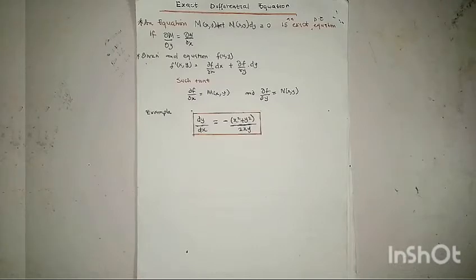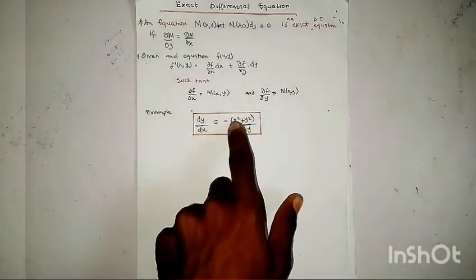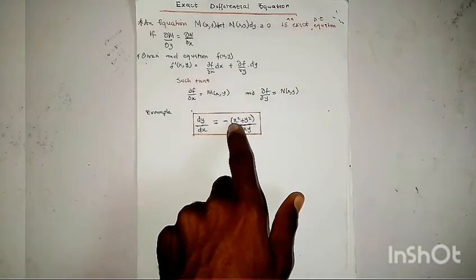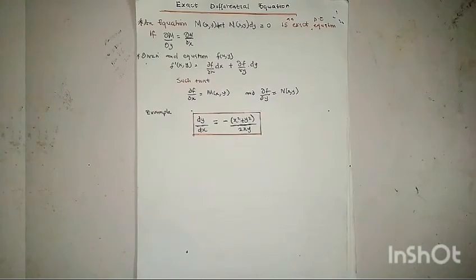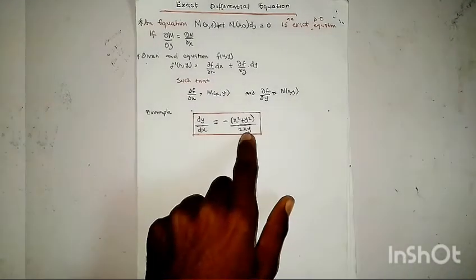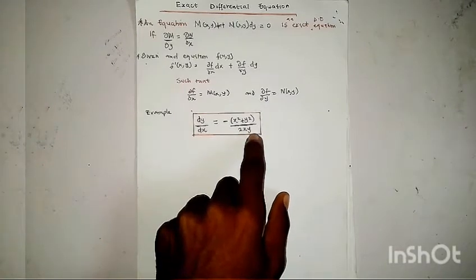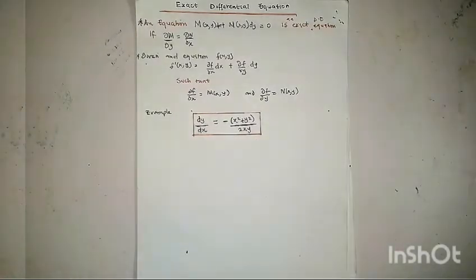First, we know that this is a homogeneous equation because the order of both x and y at the numerator is 2. Then in the denominator, x has a power of 1 and y also has a power of 1, so it is also of order 2.